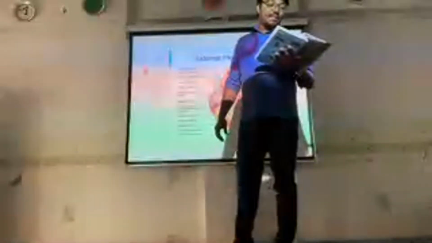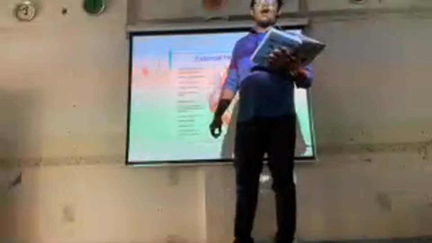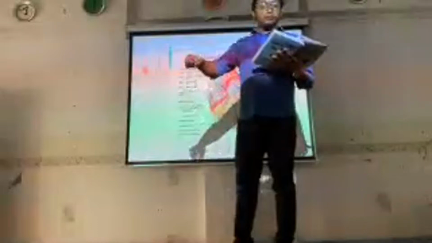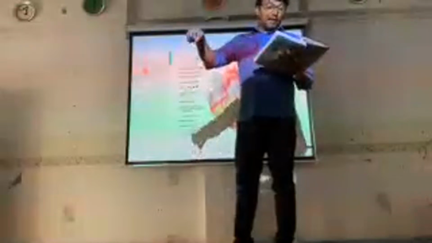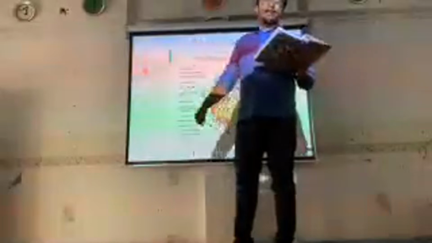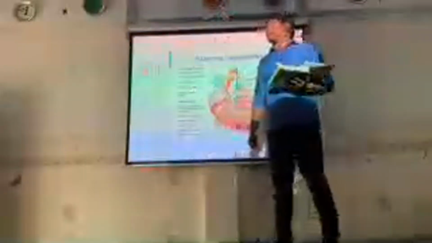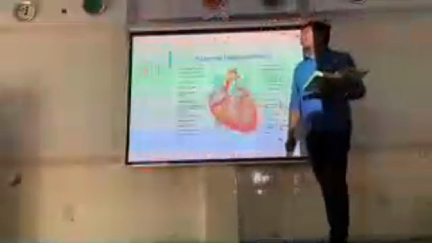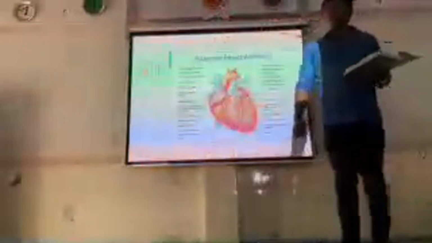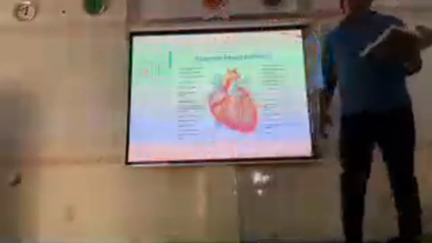How is it divided into the circumflex artery, the deep brachial artery, the superficial brachial artery, the radial artery, the subscapular artery? We are going to see step by step. All these things will be said to you clearly in the coming class.